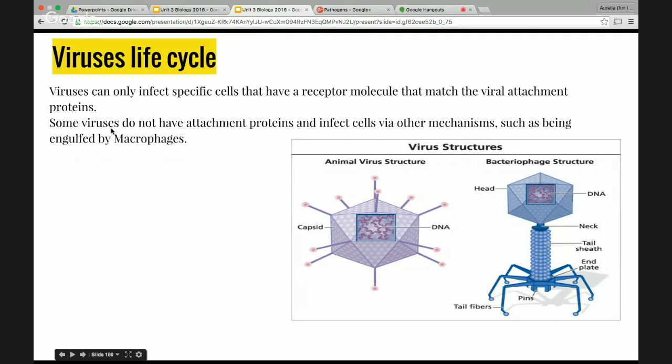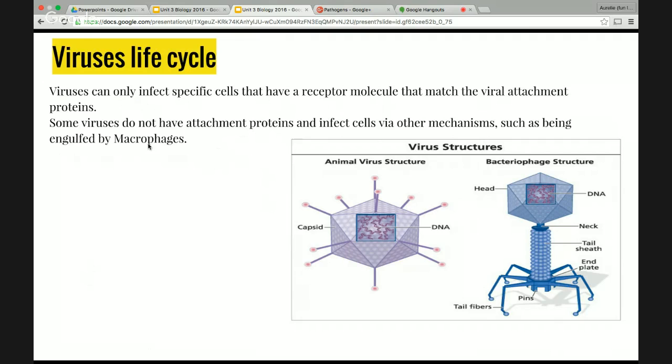Some viruses, however, do not have the attachment proteins, and they have other mechanisms of infecting the cells. So for example, some viruses are engulfed by macrophages. A macrophage is a type of white blood cell that fights pathogens by engulfing them.